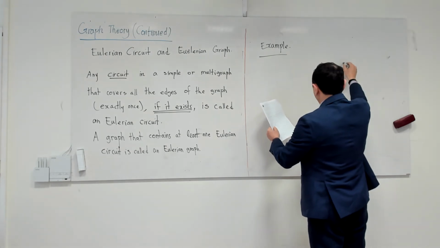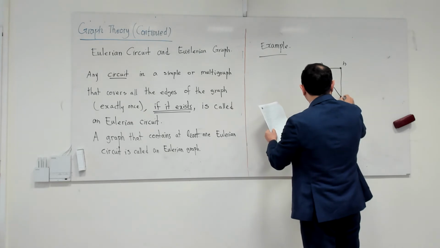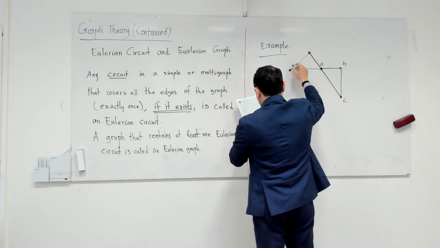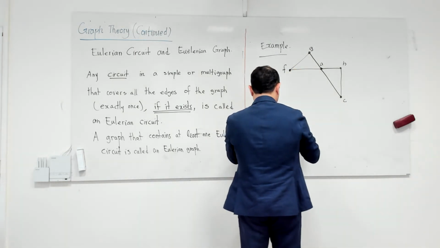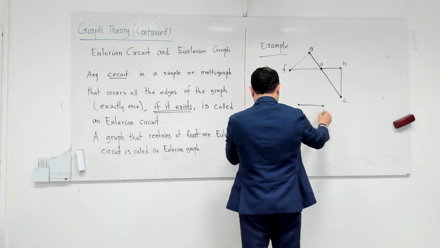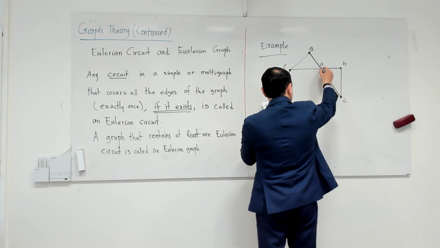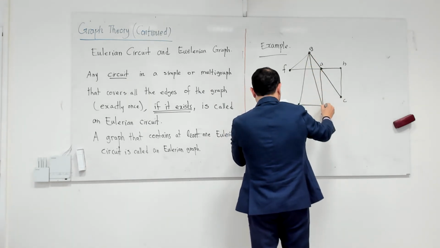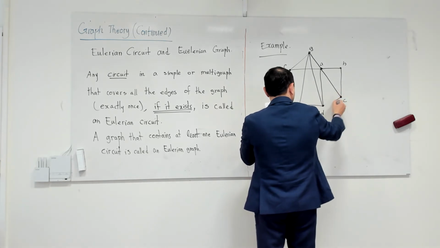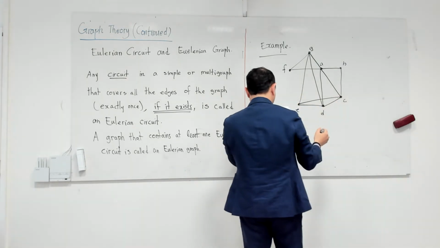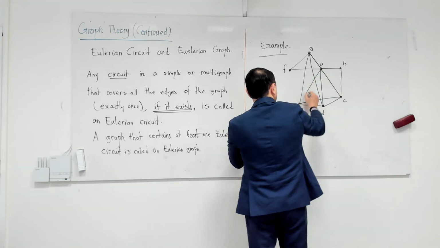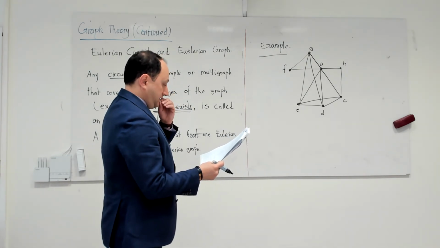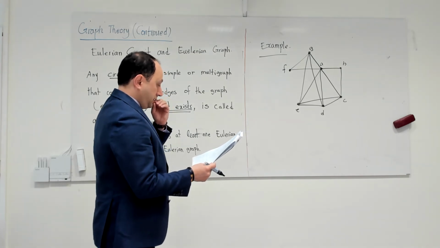So here A to B, and then I have C, and then I have a line between these two. Yeah, it seems that I have done it right. Okay, so I give you this graph.